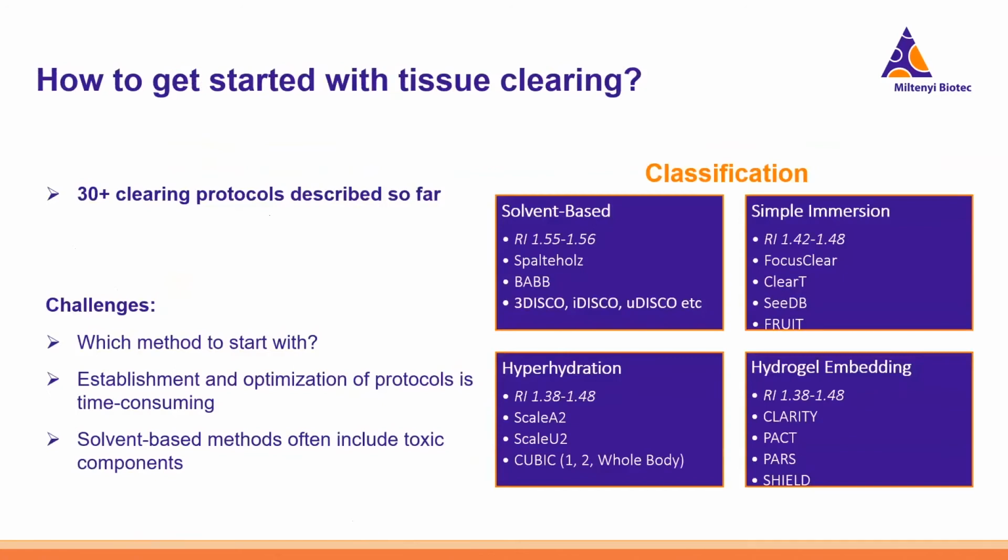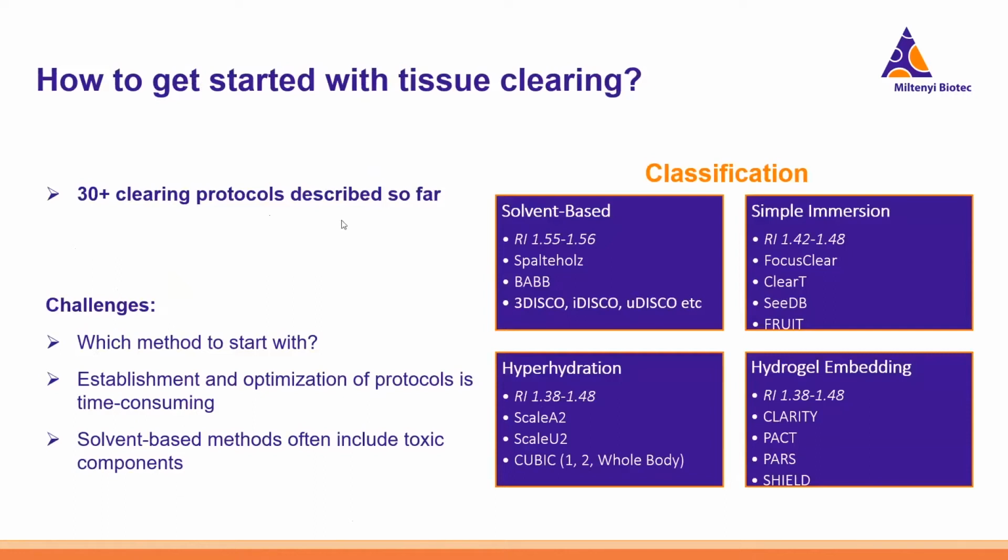So this is great, this basic knowledge, but probably some of you have also faced this. If you want to get started with tissue clearing, what you will find in literature are more than 30 clearing protocols that have been described so far.